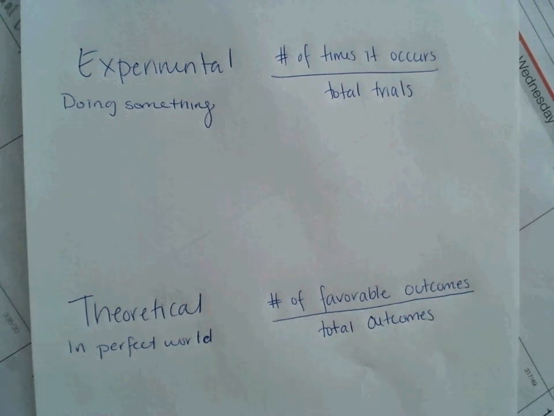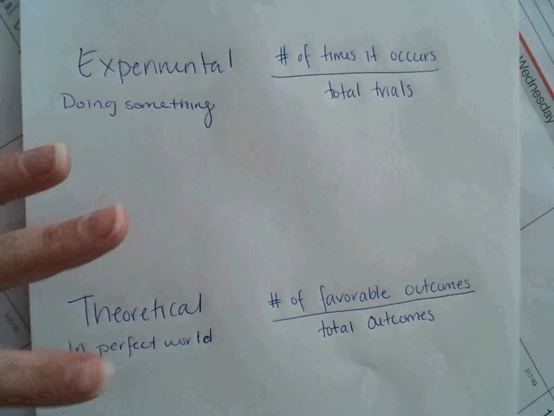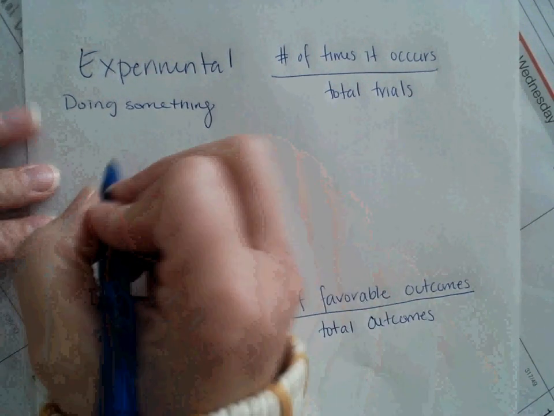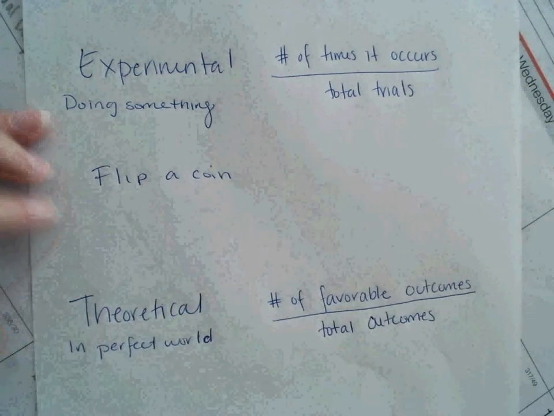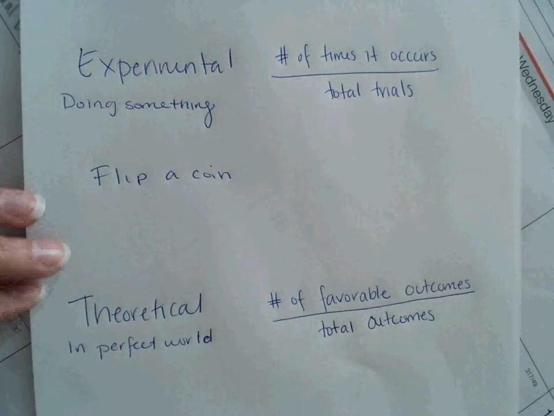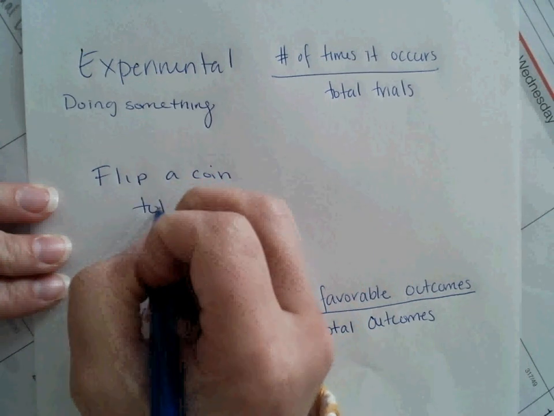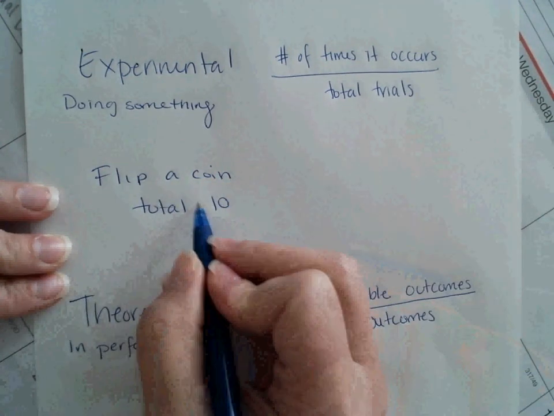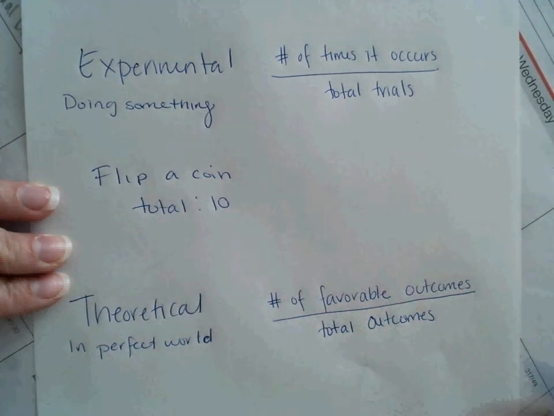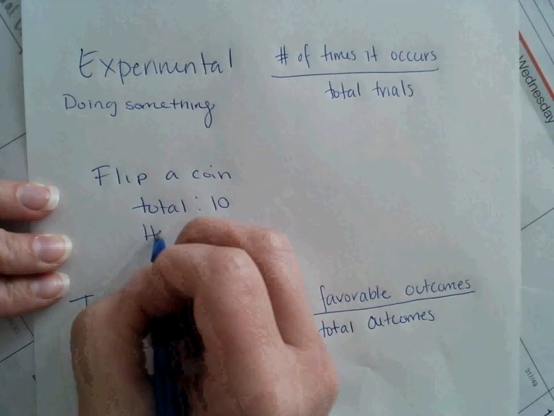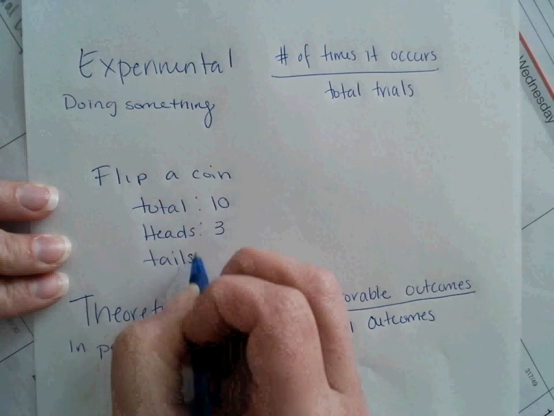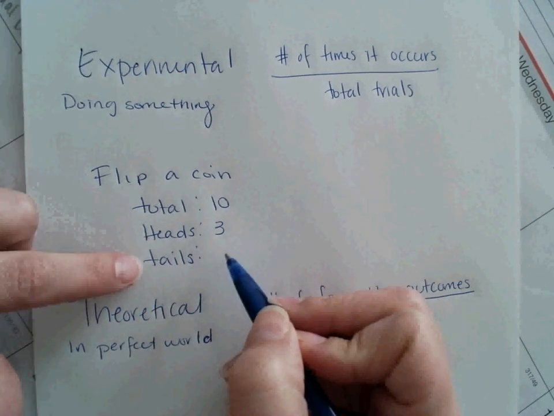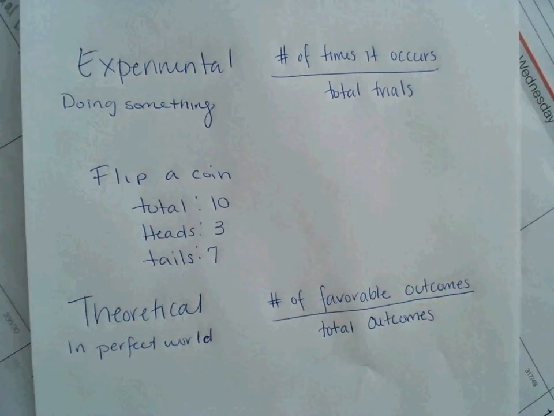So when I'm trying to figure out what experimental and theoretical is, experimental, let's say I flip a coin. And if I flip this coin, let's say 10 times. Let's say of those 10 times, I got heads 3 times. If I had got heads 3 times, that means I got tails 7 times.